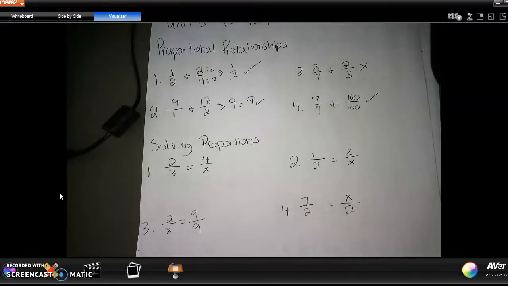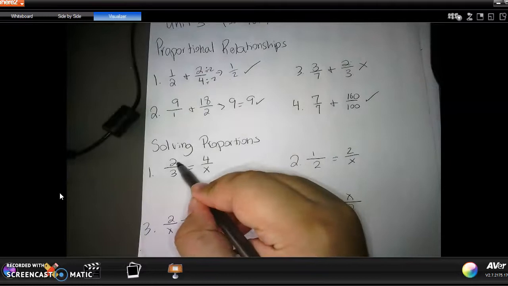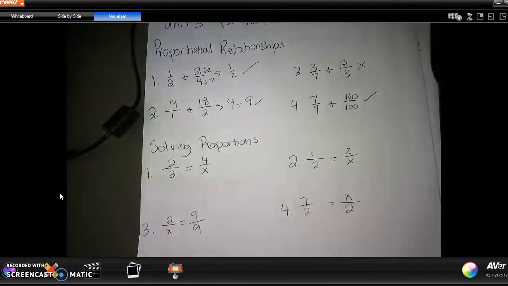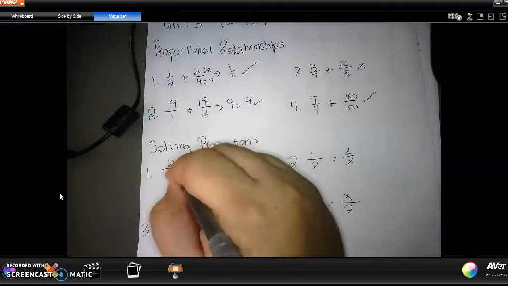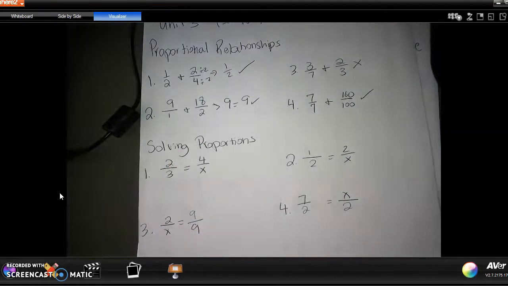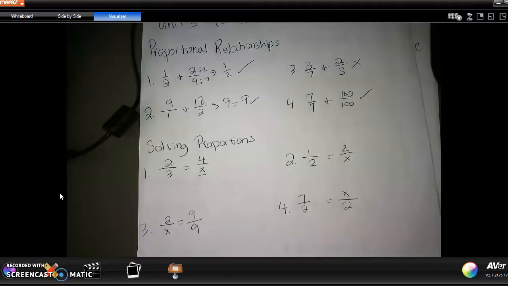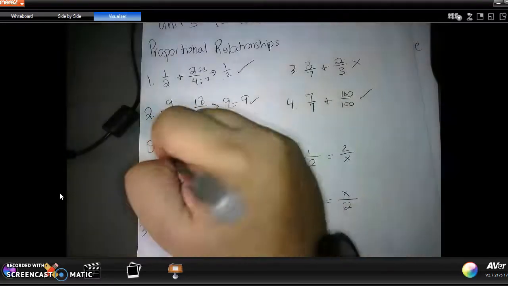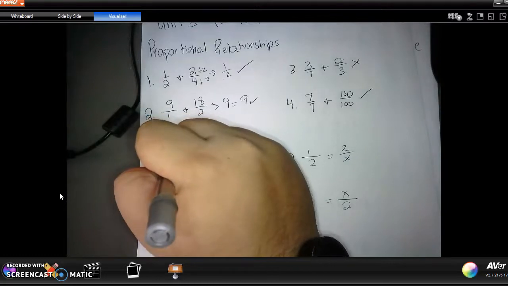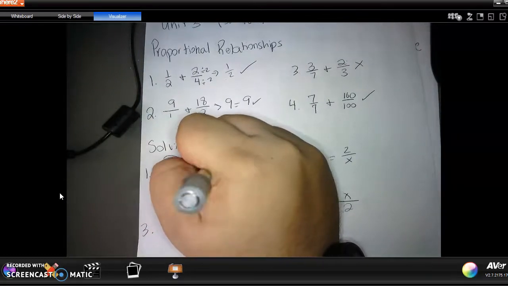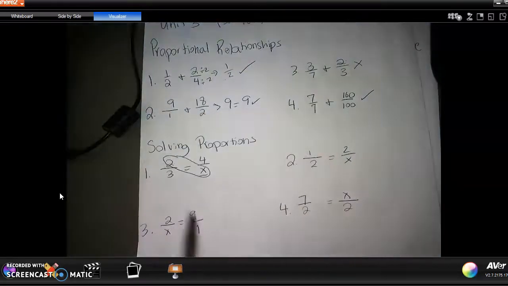Okay? So what you do, you either pick the top number or the bottom number to start with. It doesn't matter which one you do. And then you circle. So on this first one, I have 2/3 equals 4 over x. So what I'm trying to do is figure out what x is. Okay? So I would take my 2 and circle it, and then circle x. So you're going to circle numbers that are across from each other.